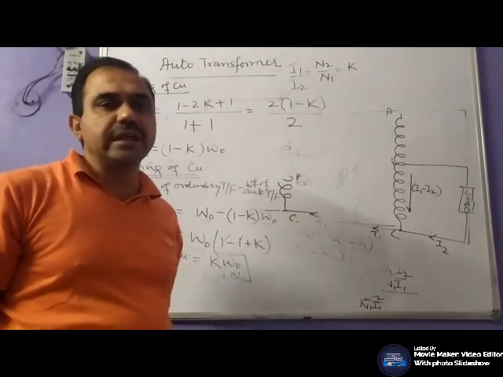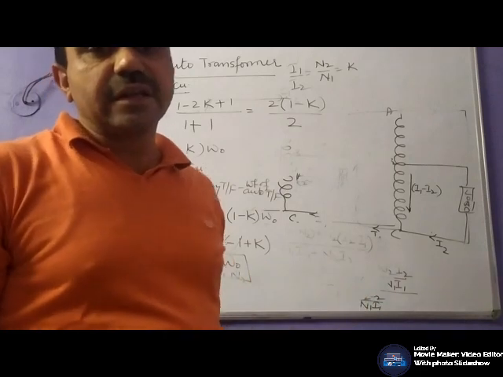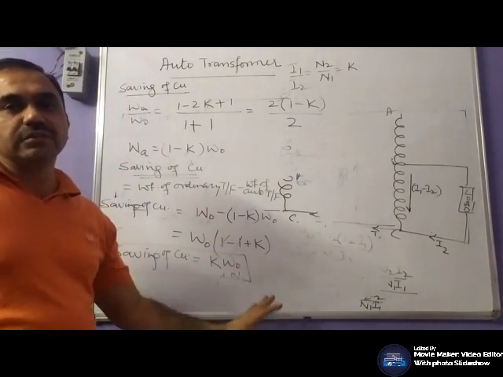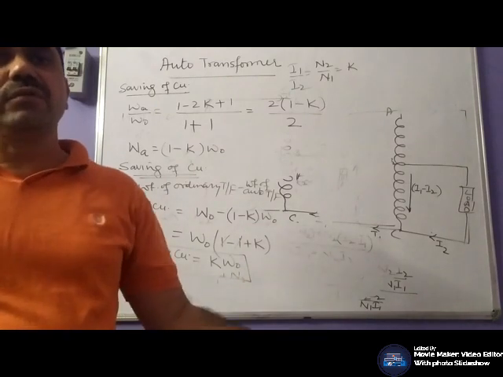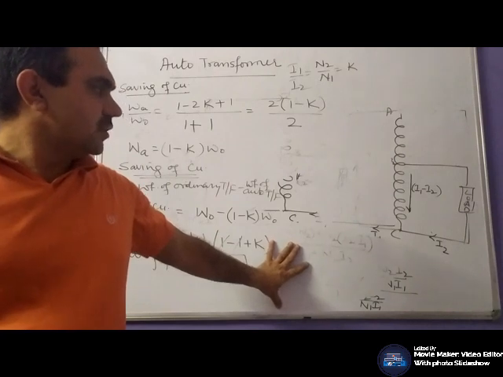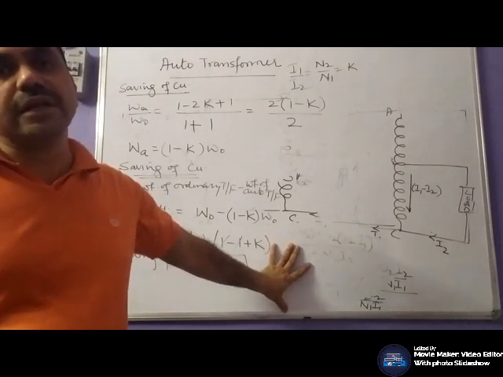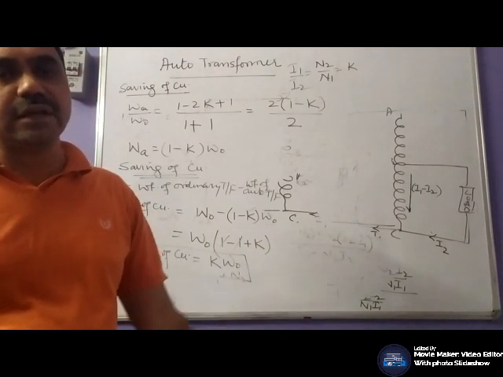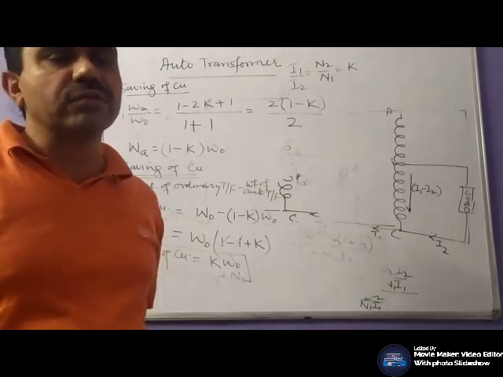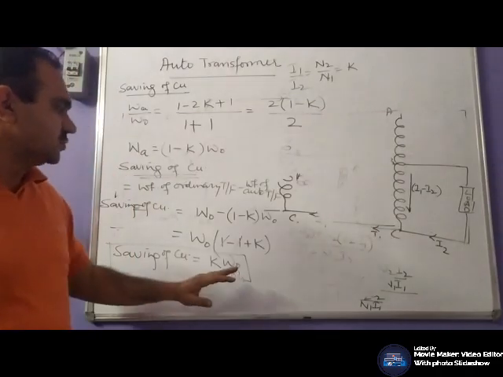But the problem is that no electrical isolation is there. That's why we generally use this transformer only for low rating applications, like practicals, like starting of motors, like boosting up the voltage. We can use the auto transformer.